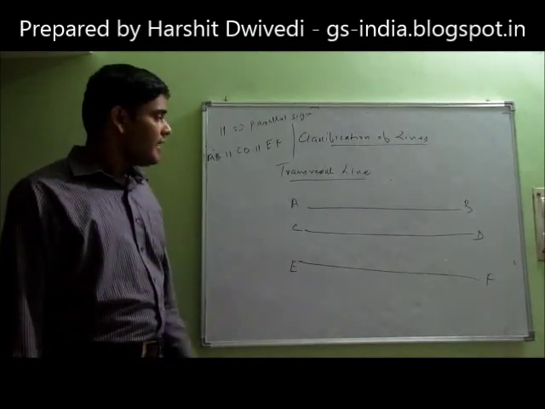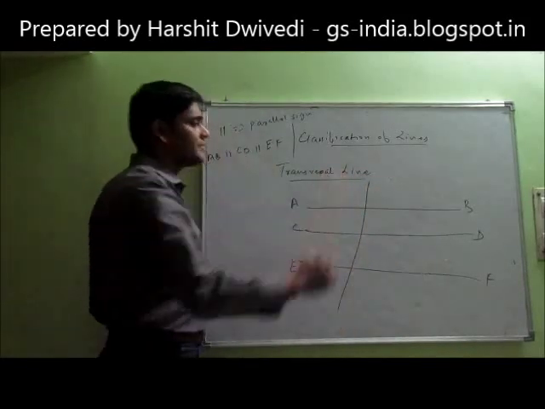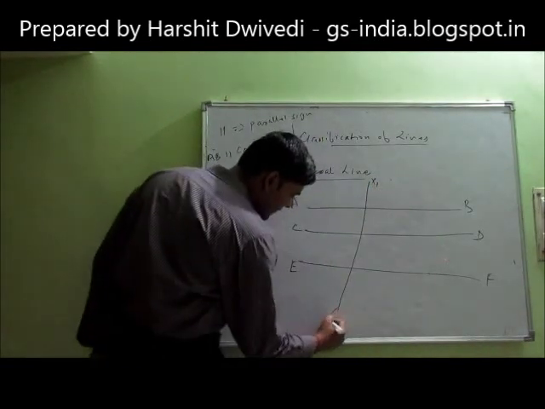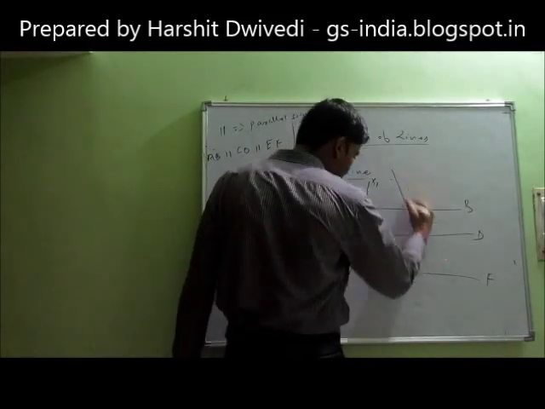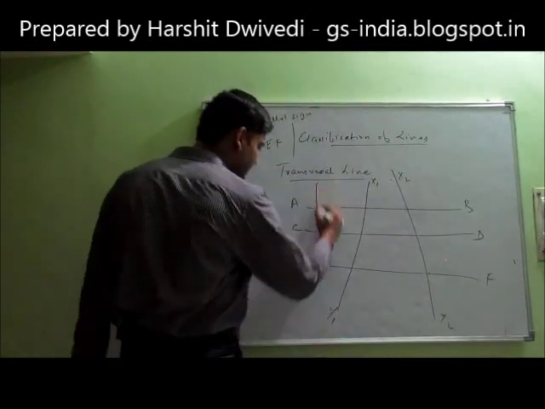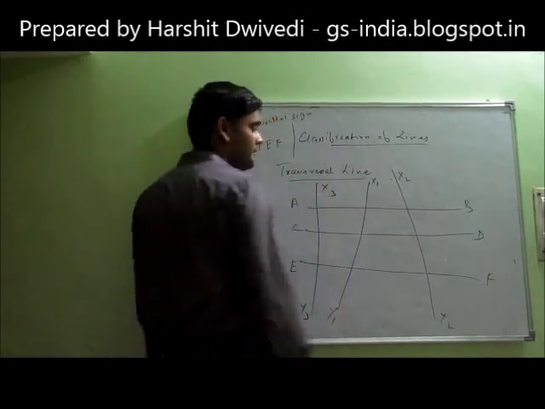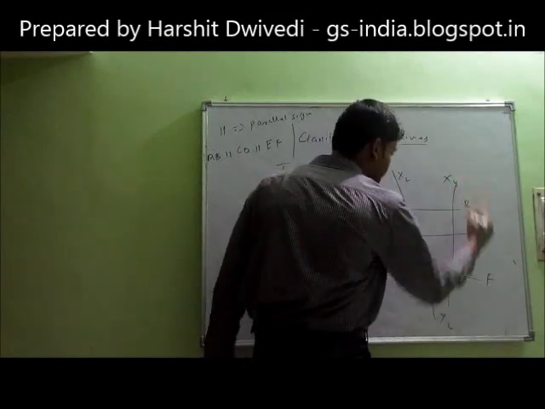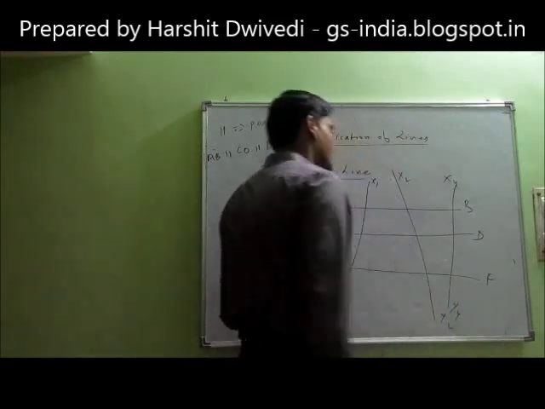Now, if there is a line which cuts these three lines in this fashion, and I suppose this line as x1, y1, and I cut this line as, suppose this x2, y2, and I cut this line as something like this, x3, y3, and I cut this line as something like this, x4, y4.